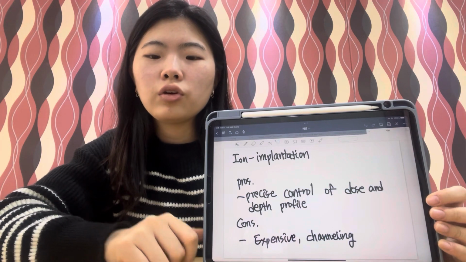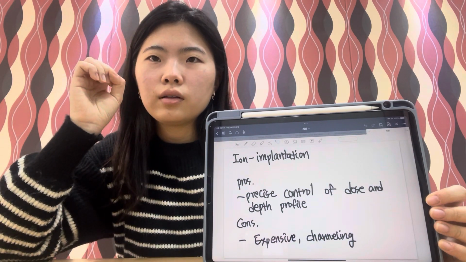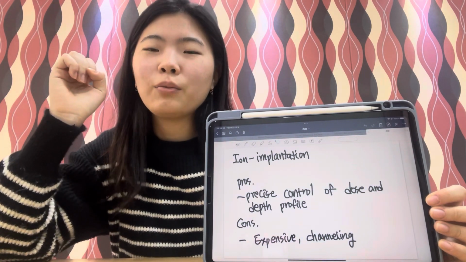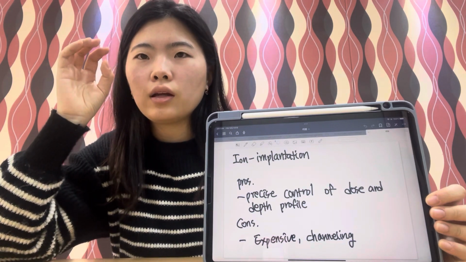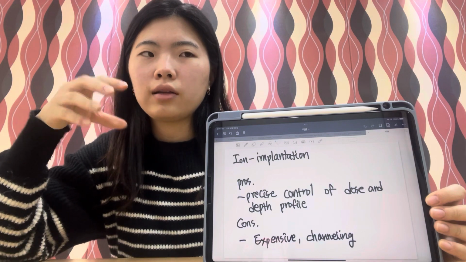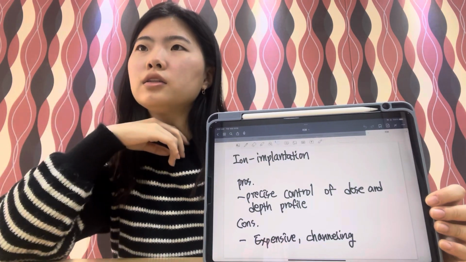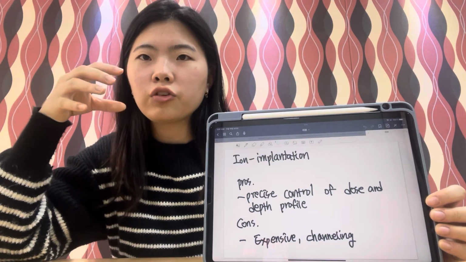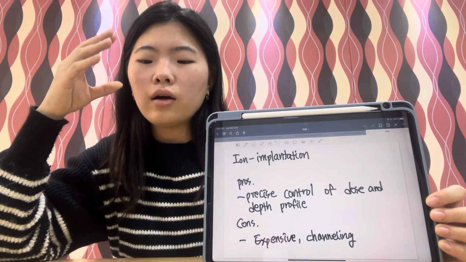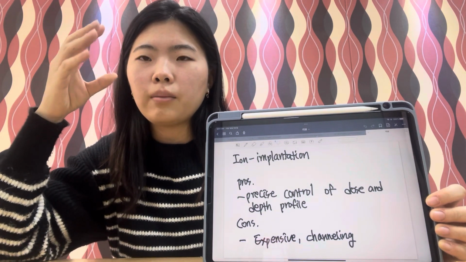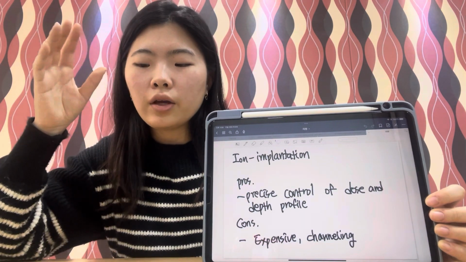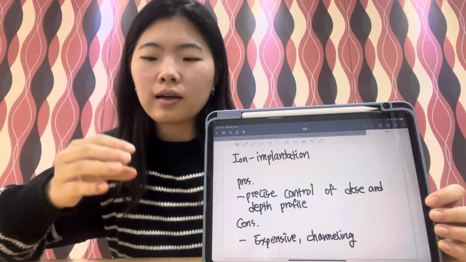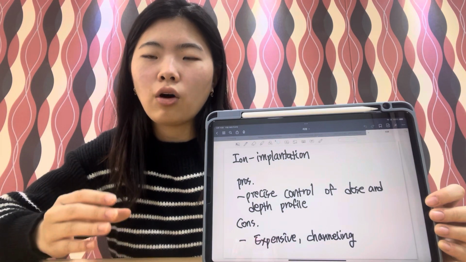I will explain the mechanism of ion implantation first. Ion implantation works by positioning first. The ion beam is used in this process. The ion beam is positioned on the exact area that we want to dope.